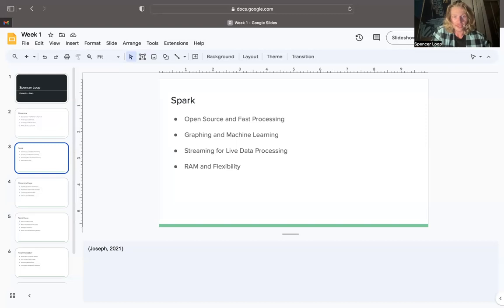They process very fast. It can take a lot of graphs. Graphing is part of Spark's architecture, so it can understand graph data and display that better than certain other types of data sets. And then it also uses a machine learning library.